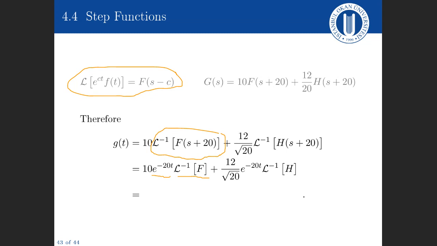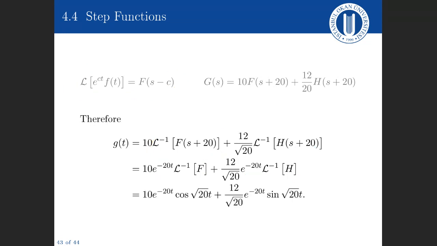Instead of the plus 20 just here, we take e to the power minus 20t outside, and then we're just doing the inverse Laplace transform of capital H. And we know these two, so we can write down our answer. 10 e to the power minus 20t cos root 20t plus 12 over root 20 e to the power minus 20t sin root 20t.